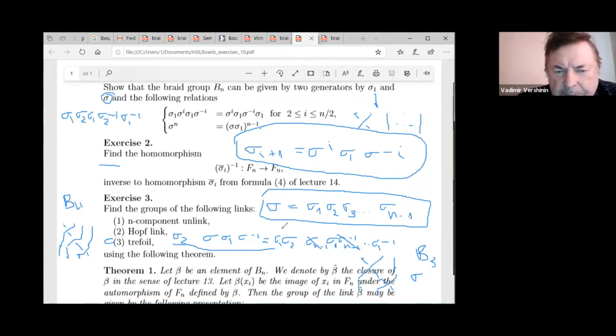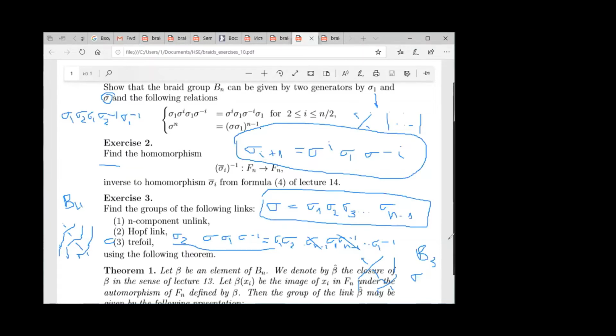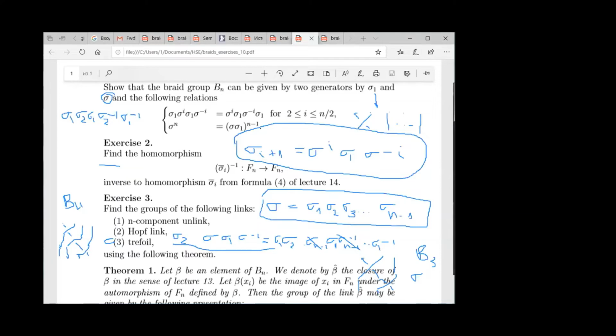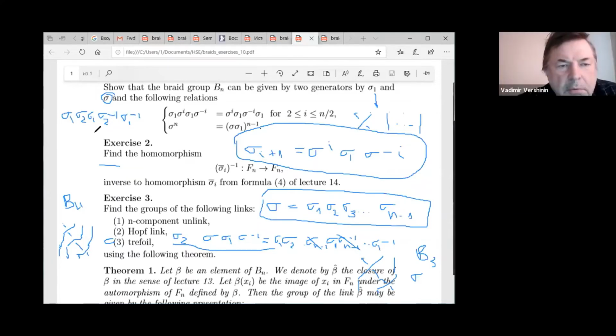Because of the commuting braid relations, the intermediate terms cancel one another, and only sigma 2 survives.